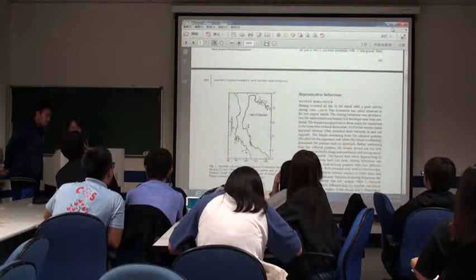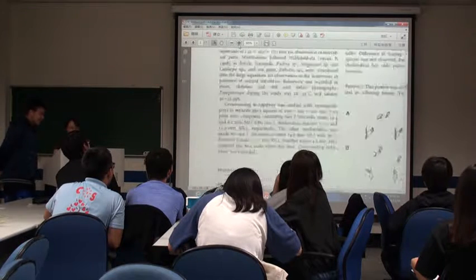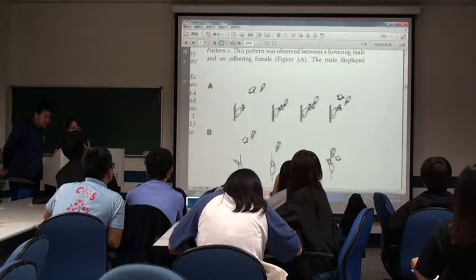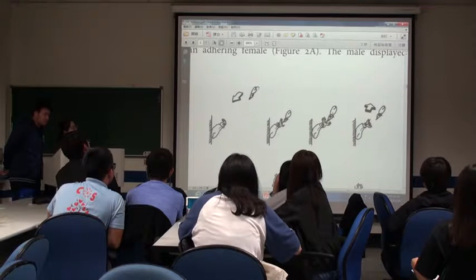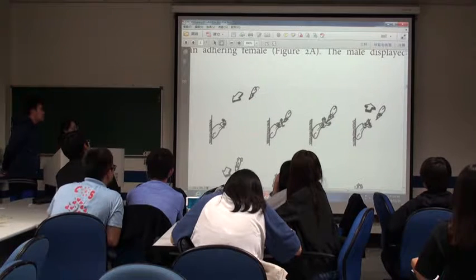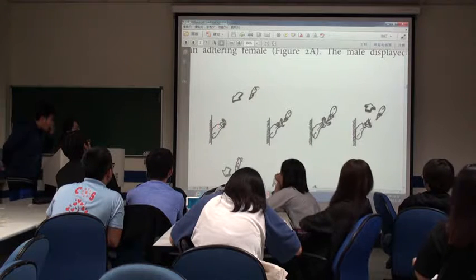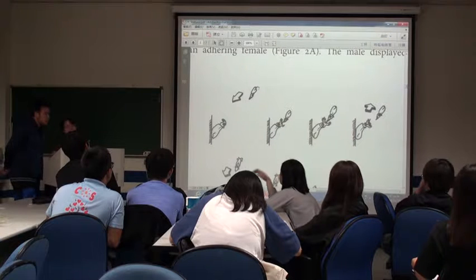I know it's not clear, but you can put it very, very large. Then you will see, okay, this is what the author is talking about, the female and the male, and the adhering female. And if I were you, I would just add some stripes here. That's enough. Okay, then you see they are mating.